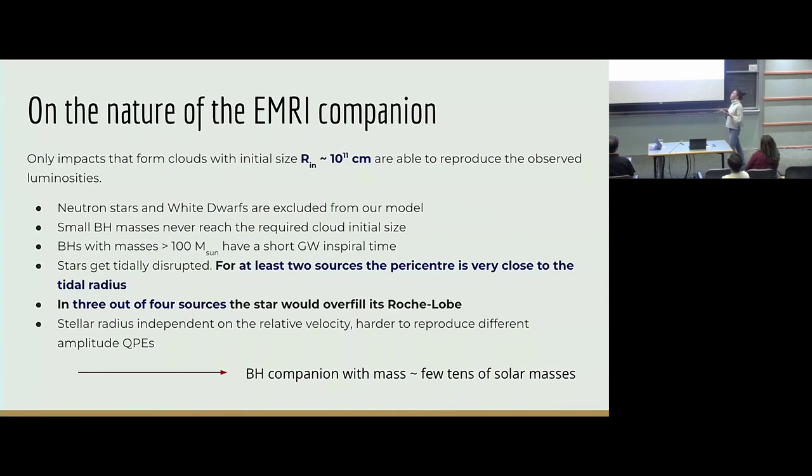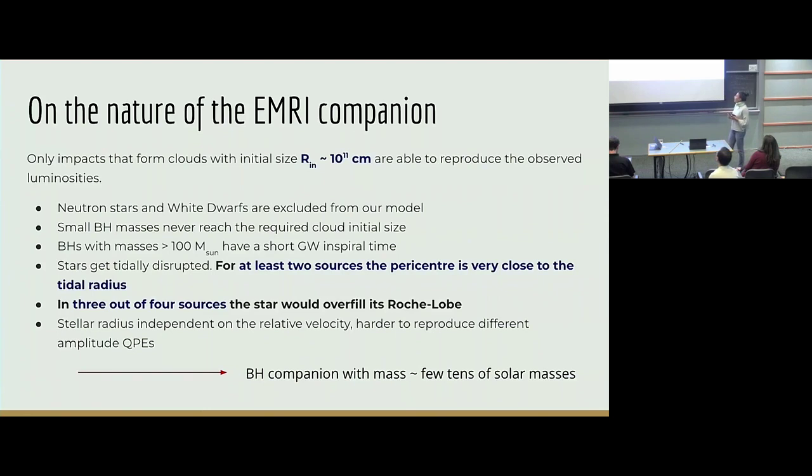And also small black hole masses never reach the required cloud size because the influence radius is too small. At the same time, black holes with masses, let's say, beyond 100 solar masses have shorter GW inspiral times, and also there is still no evidence that black holes with 10 to the 3 to 10 to the 4 solar masses even exist, so we didn't want to go there.